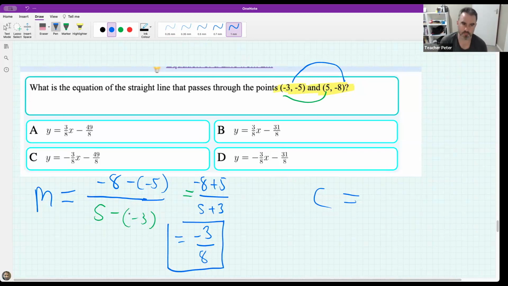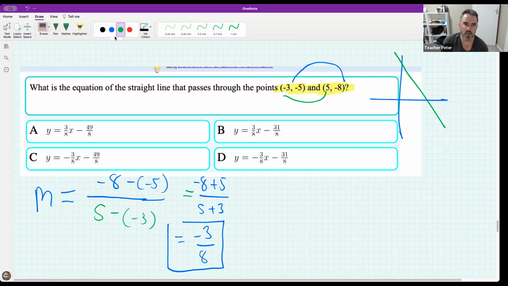So I get my gradient as minus 13 over 8. So it's a negative line. It probably looks something, well, maybe not like that, but we'll find out what c is now.